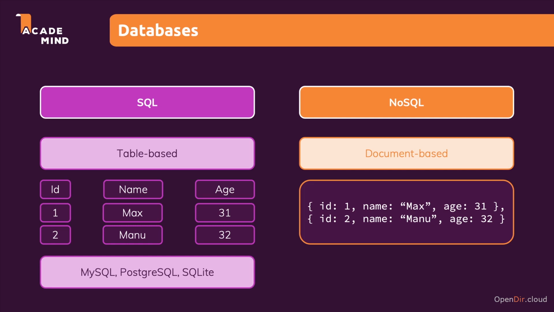We also would have Oracle SQL or Microsoft SQL. And we then can install these database engines on a server, for example, spin up a database server, and then run queries against that database. And that's also something we're going to do in this course. We're going to run queries against SQL databases.